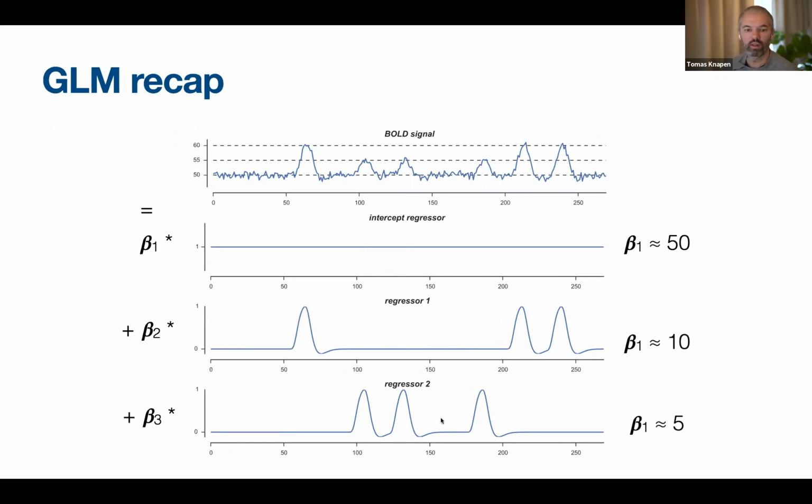And similarly, these are half of the amplitude of these, so these need to be multiplied by 5 to best explain this signal, yeah? And the NumPy least squares function that we use in the practical allows you to do exactly that, right? It finds these beta weights based on, yeah, we can go into linear algebra for that, but it's not important. Yeah. No, I got it. Thank you very much. Cool.